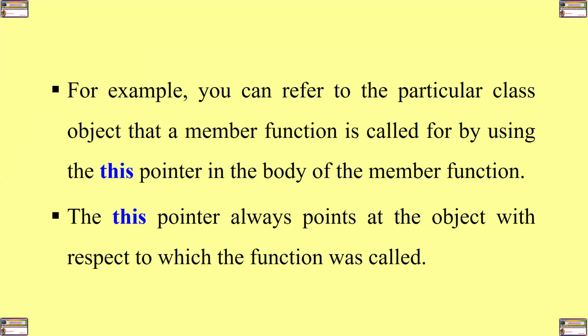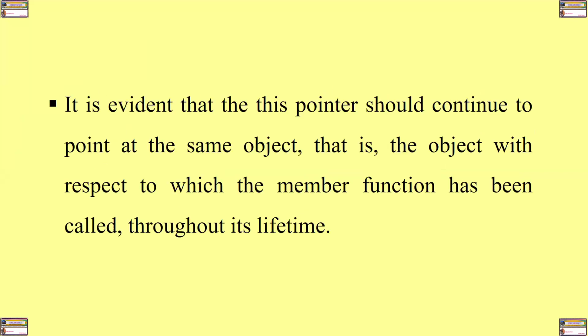The this pointer always points at the object with respect to which the function was called. It is evident that the this pointer should continue to point at the same object, that is, the object with respect to which the member function has been called, throughout its lifetime.